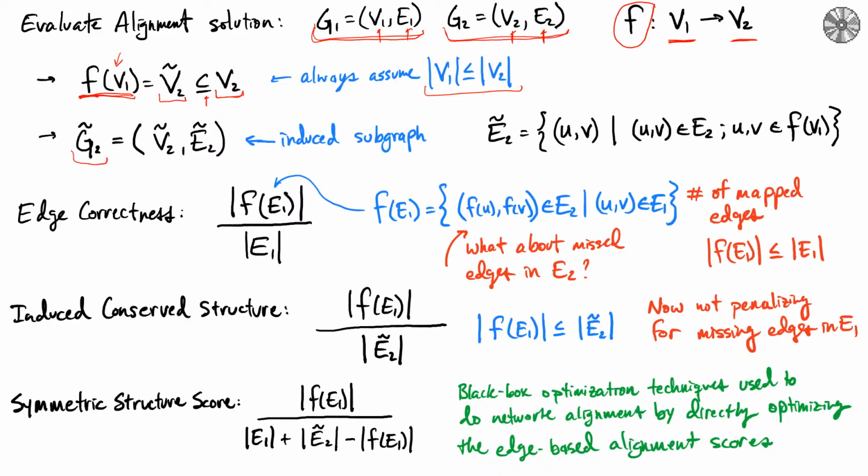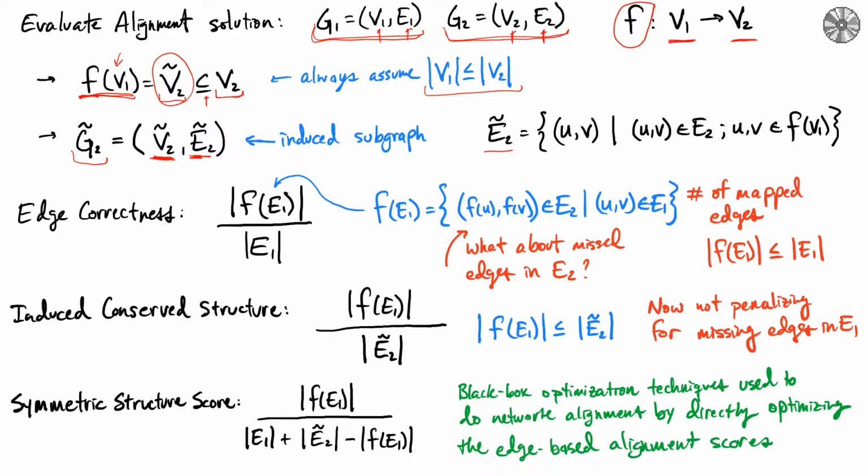So the induced subgraph is the selection of edges such that they are between the nodes that are mapped by f. Remember, we're taking a subset of the vertices, V2 tilde, and we're going to keep the edges that are between these nodes. And so we can define that here.